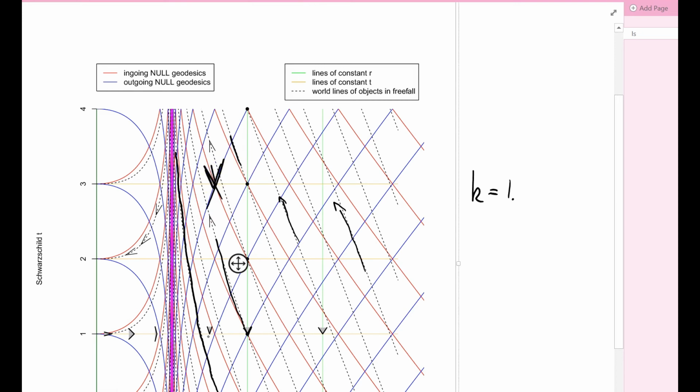You're constrained to be within your light cone here. And the same occurs inside. We've got similar behaviour when we are going backwards in Schwarzschild time, because Schwarzschild time is a poor coordinate for thinking about what happens inside the Schwarzschild radius.